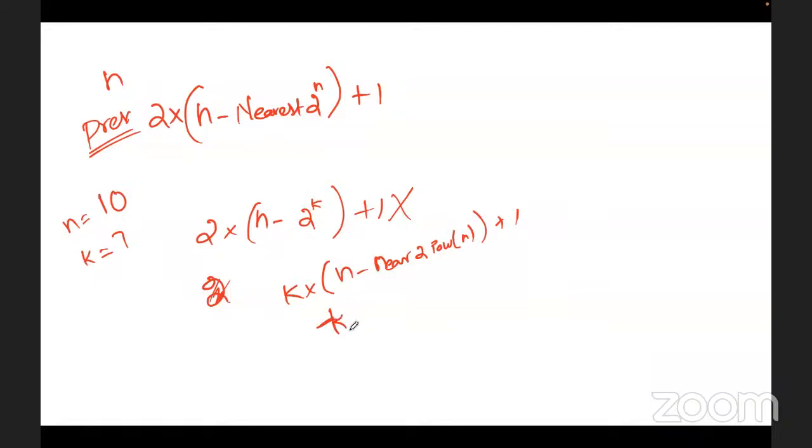Okay, 7 into 10 minus nearest power value, which is 8, plus 1. So what is 7 into... it is not working, sir. Yes. So 10 minus 8 is 2, plus 1. So 7 into 2 is 14, plus 1 is 15.